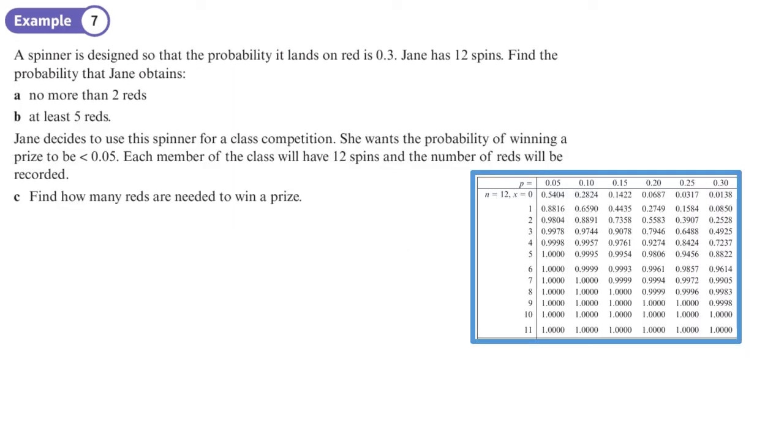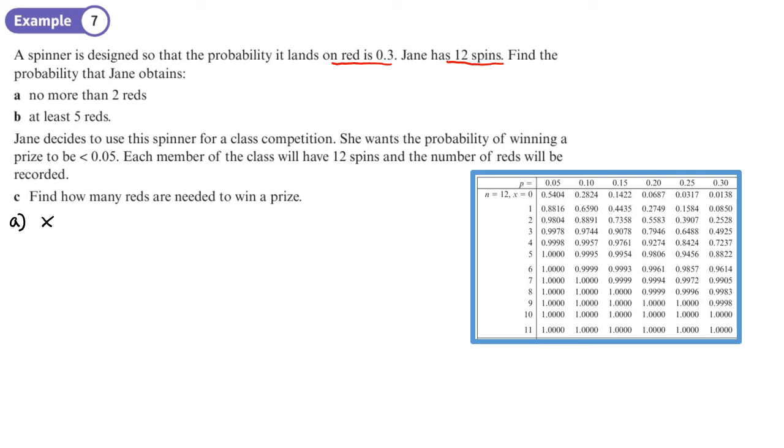So on this example here, a spinner is designed so the probability it lands on red is 0.3. Jane has 12 spins. Find the probability that Jane obtains, in part A, no more than 2 reds.